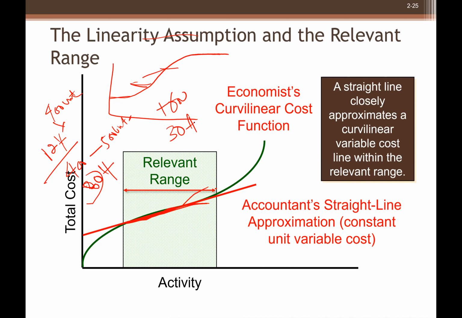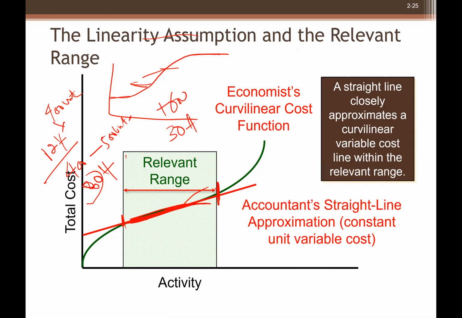That's it. So in that case, you have a non-linear function. But even in that non-linear function, you can find some relevant range which behaves like a straight line. This is more of a mathematical concept, so I'm not wasting more time here.